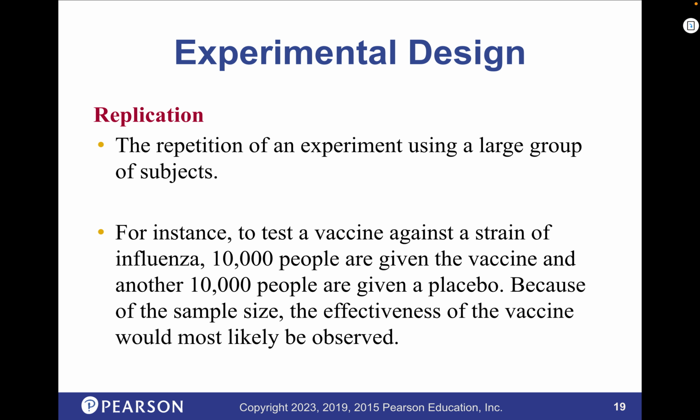The other thing is being able to repeat the study, so replication, especially with large groups. So if you test a vaccine on 10,000 people, and another 10,000 are given a placebo, this is a fairly robust sample size, and so it's probably going to apply. If you do it on smaller groups, that might be like an initial stage. That's why a lot of studies will be done in stages. The first stage is to see if it's safe.